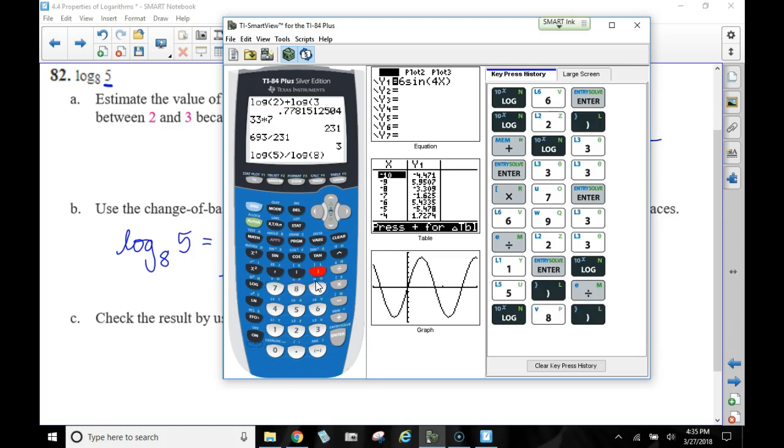Change of base formula is what that is. There's that decimal I was thinking we were going to get, 0.77397. Did it say to go to 4 decimal places? If it said to go to 4 decimal places, I'm going to say 0.7740. I don't know. I might have just been making up that 4 decimal places thing.